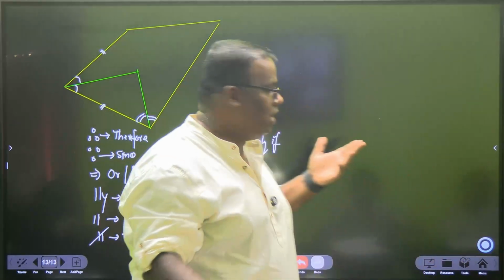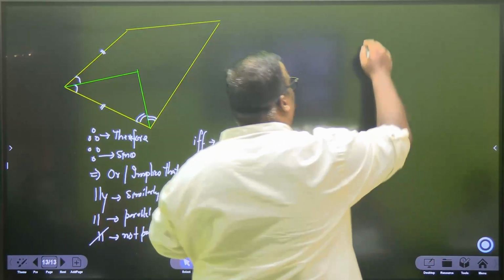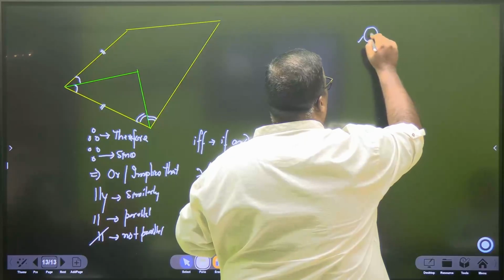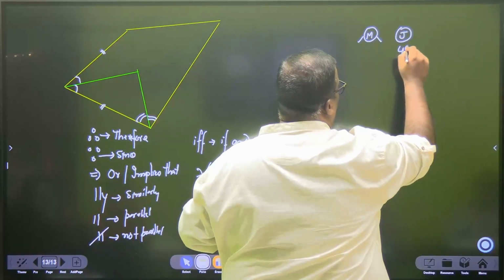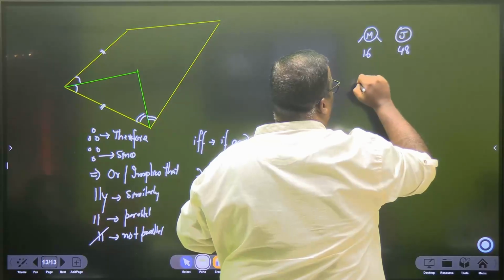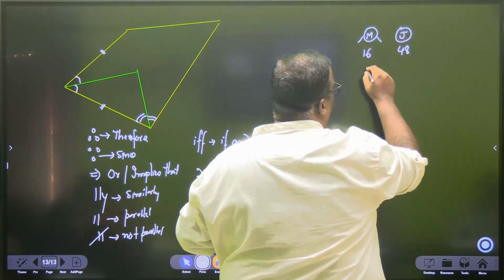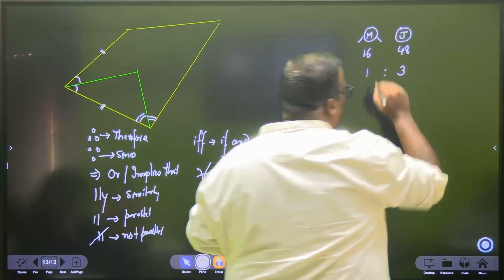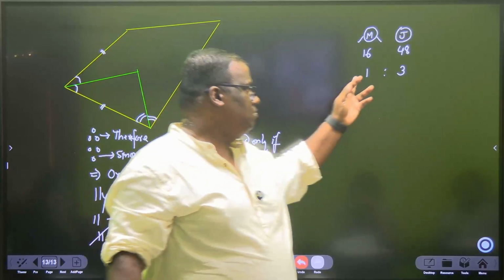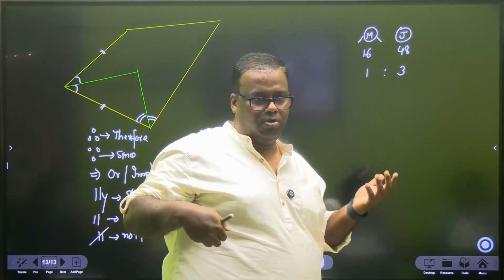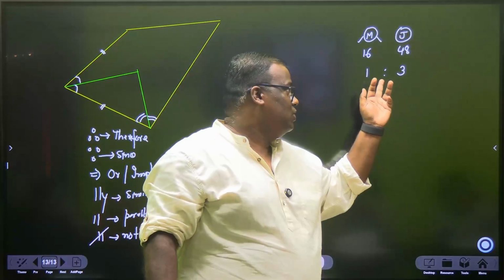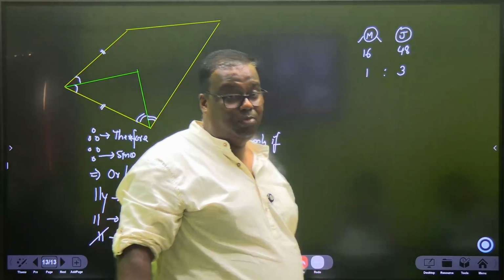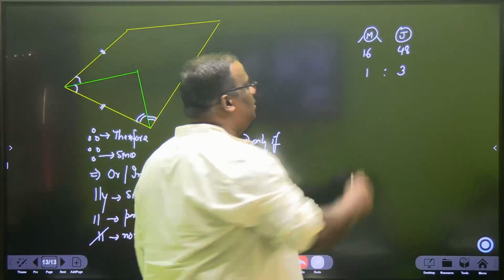Any ratio problem, make it like this. This is Mishka madam and this is me. Let's say I am 48 and let's say Mishka is 16. Our ratio is how much? 1:3. That does not mean Mishka is 1 year old and I'm 3 years old. There is something hidden for her and hidden for me, but whatever is hidden is common.